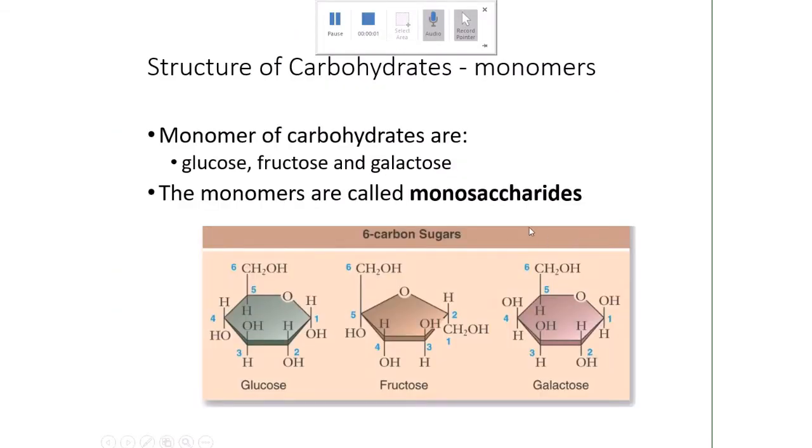Let's take a look at the chemical structure of carbohydrates a little bit closer. The monomers for carbohydrates, the building blocks for carbohydrates, are listed here. There's glucose, there's fructose, and then there is something called galactose.